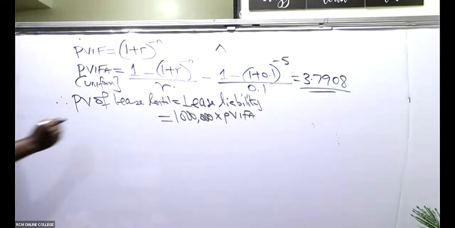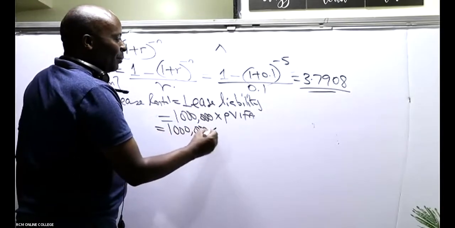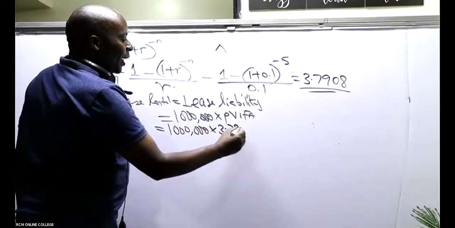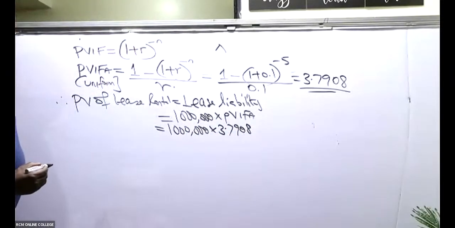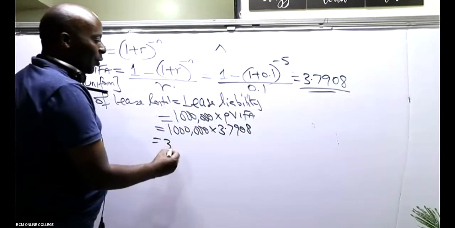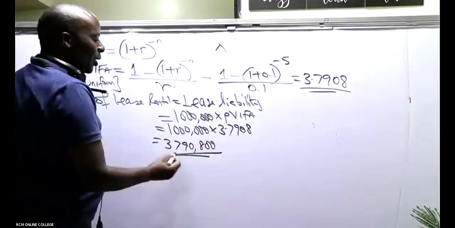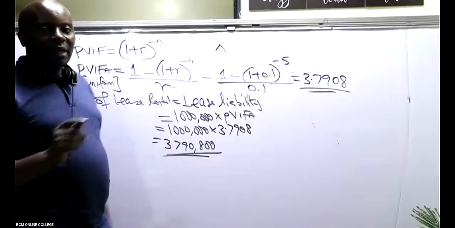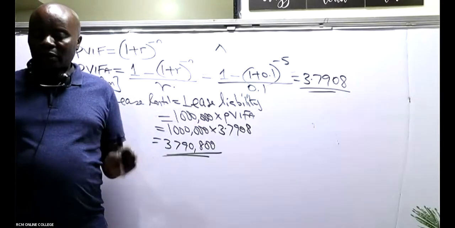So then this one here will be $1 million, which you are paying every year, times PVIF of 3.7908. Which will be the same as what here, somebody? 3,790,800 Kenya shillings. So this is what we owe this gentleman, the landlord, in total, having discounted.